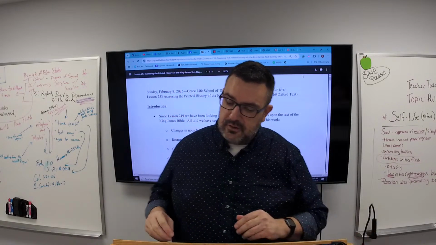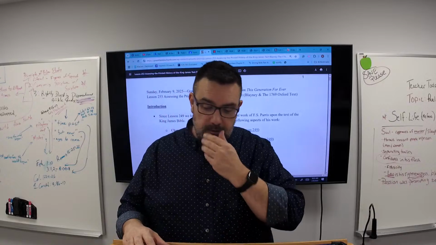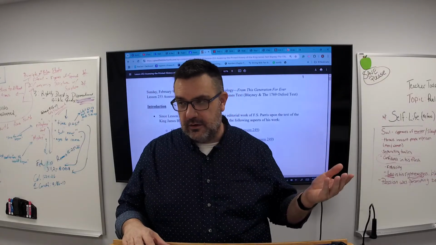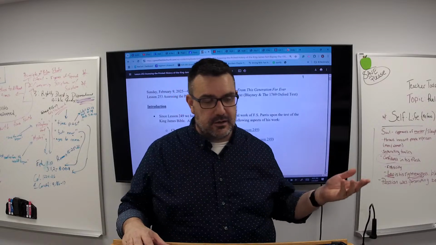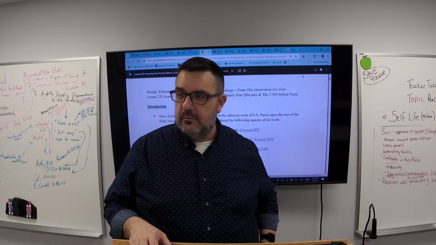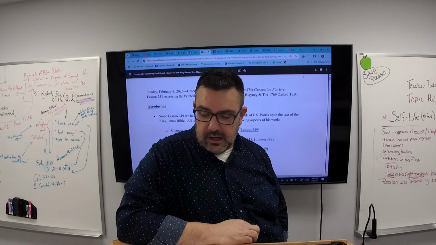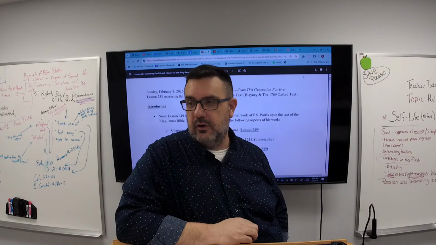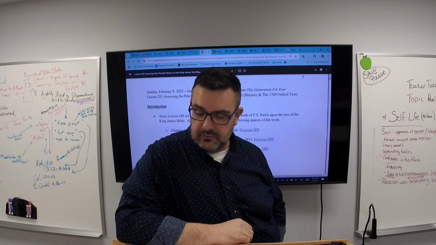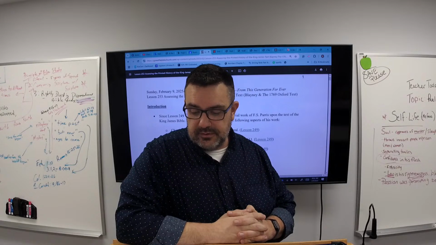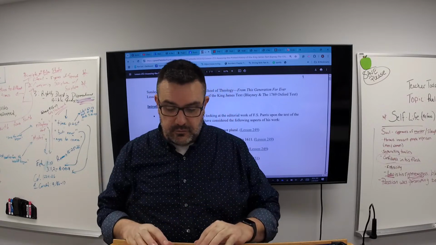All told, we have considered the following aspects of his work. We looked at change in noun forms from singular to plural. Mike and I are still talking about changing that wording there, but that was lesson 249. Second, restore definite articles that had been omitted in the 1611, also in lesson 249. Then changes in the definite article to a possessive pronoun in lesson 249.